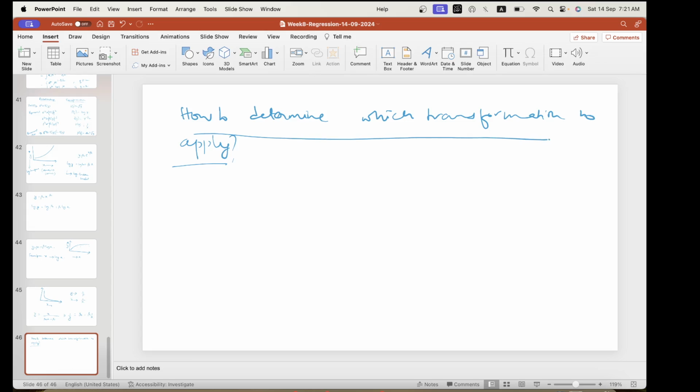For this we need to go back to the residual or normality plots.